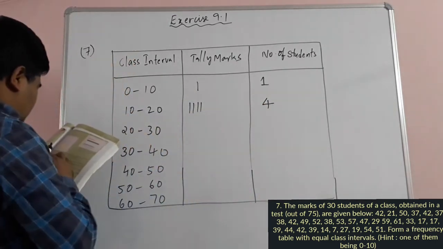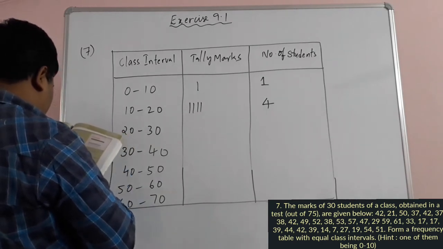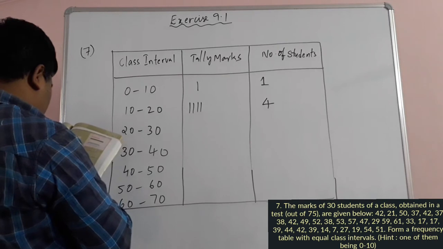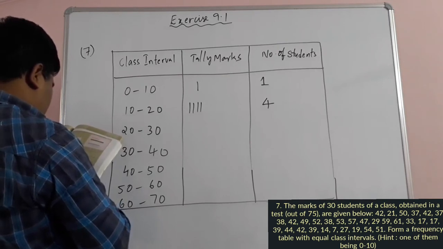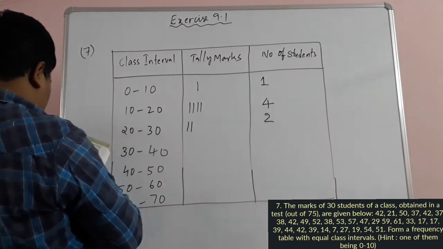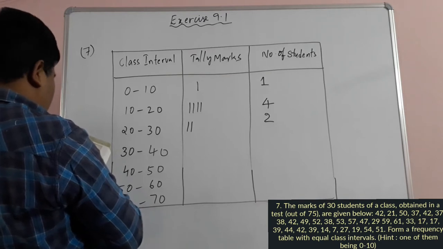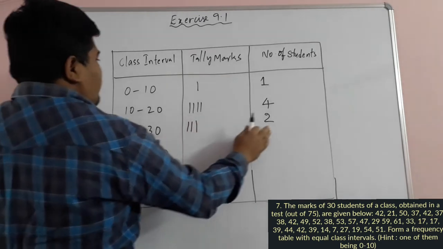Now 20 to 30. So 21 is there, 1. 27 is there. Children, 21, 27, 29. 3 observations are there from 20 to 30.